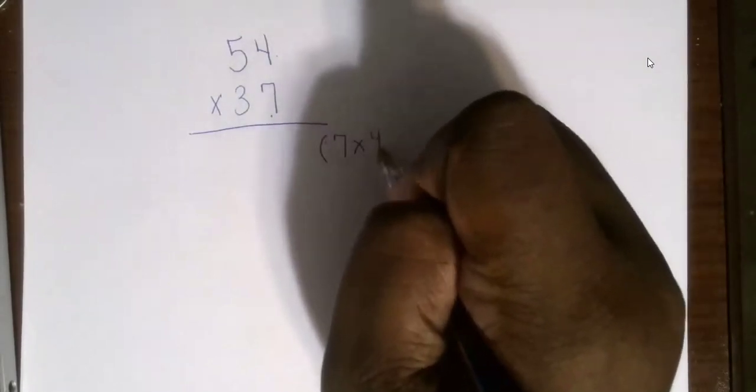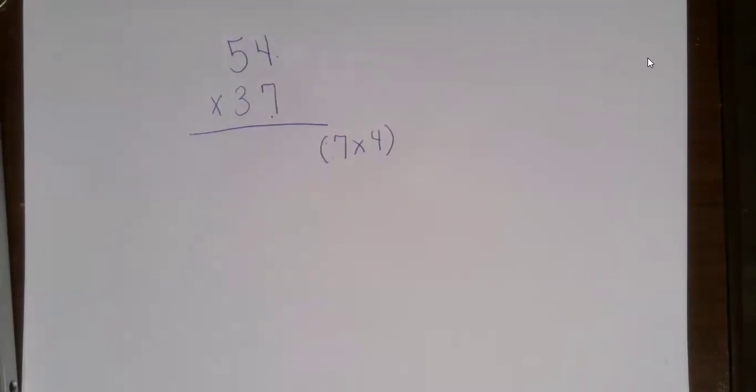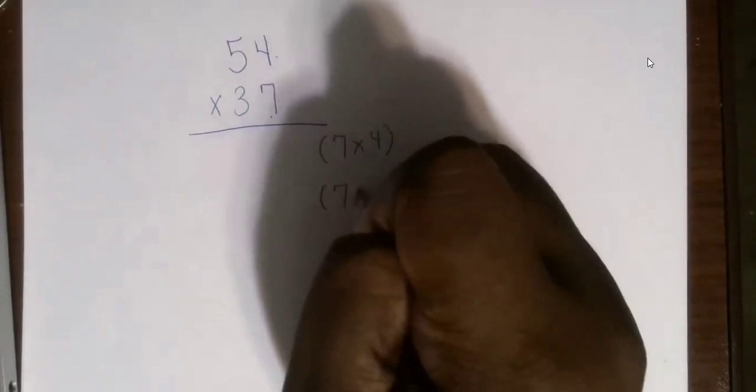So I'm going to start always with my bottom ones. I'm going to take my bottom one and multiply it times my top ones. So that'll be 7 times 4. Then I'm going to take my bottom ones and multiply it times my top tens. So that's going to be 7 times 50.